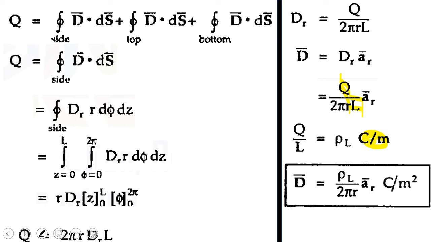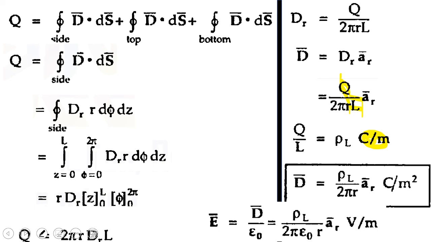So the unit will be coulombs per meter square for electric flux density. This is electric flux density. If the question is to derive electric field intensity by Gauss law, what is the relationship between electric flux density and electric field intensity? D is equal to epsilon into E. So in that case you will get the E vector is equal to D divided by epsilon naught in free space.